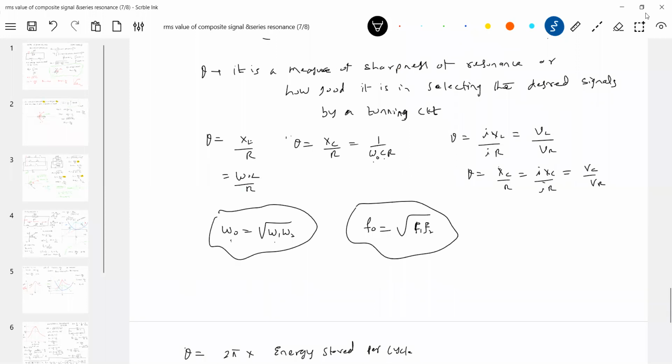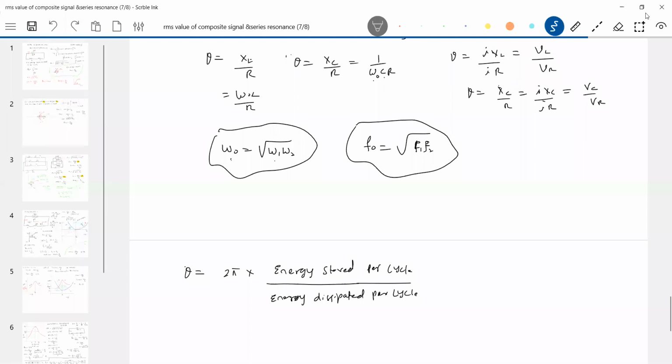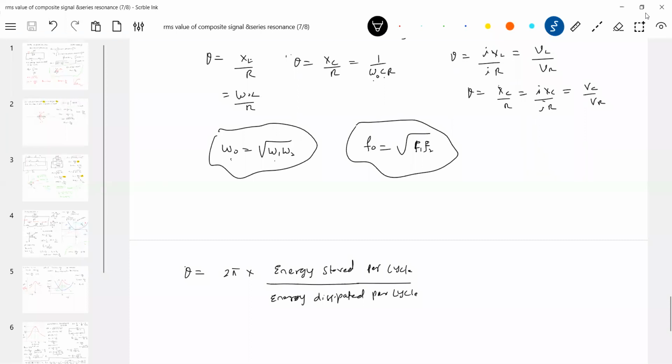I square XL is what? Reactive power. I square R is what? The dissipative power. Energy, reactive energy. Energy stored means not total, reactive, anything. Either you take inductive reactive power or capacitive reactive power. So how we define energy stored per cycle by energy dissipated per cycle, because whatever current flows to the resistor will be dissipated.